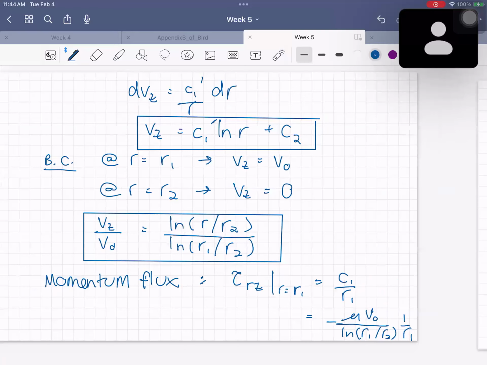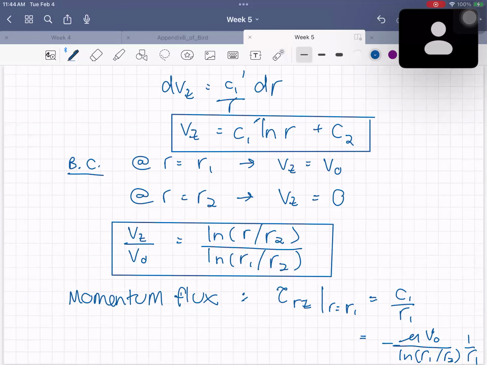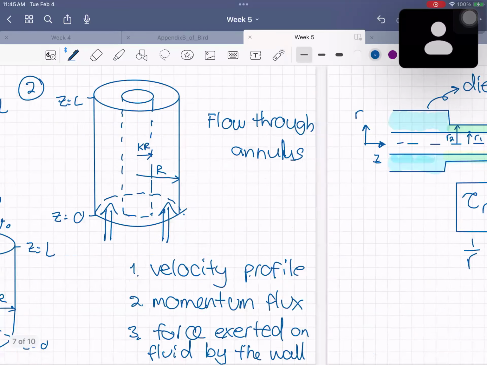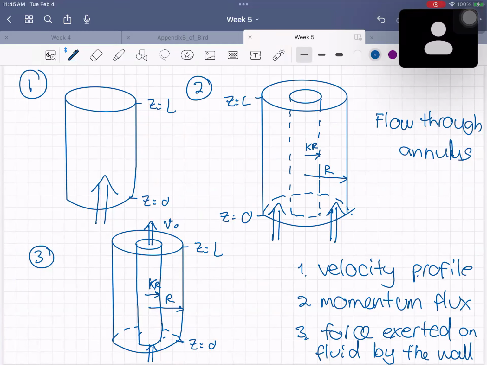All right, any questions about this? Last but not least, what would be the force needed to pull the wire? Same question just like the previous exercise. We asked for the velocity profile, momentum flux, and the last one is the force exerted on the fluid. This one is the same.